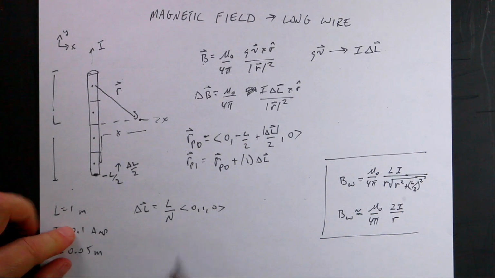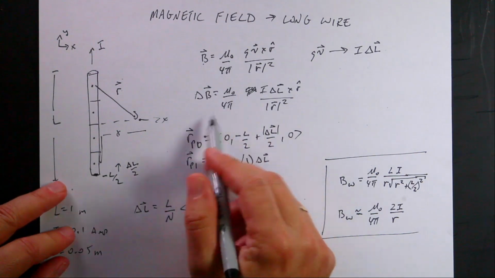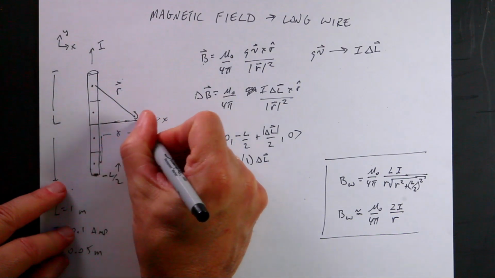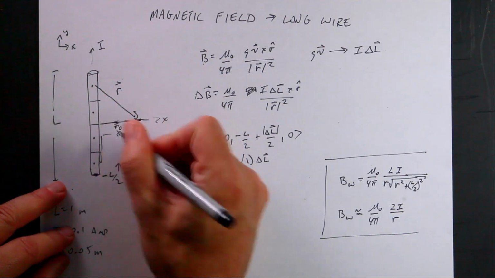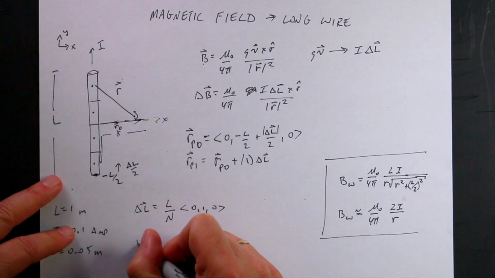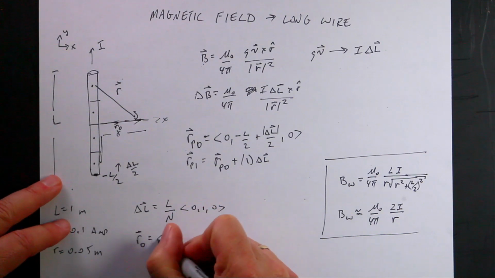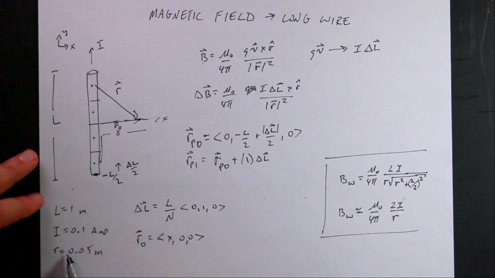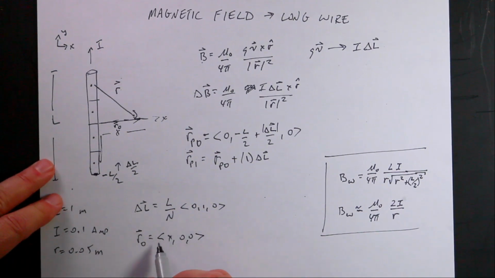Now, in order to plug this in, I'm going to call this vector right here RO. RO is going to be my observation location. RO is going to be equal to the vector x0, 0, where I'm going to use this 0.05 meters, but I can change that.